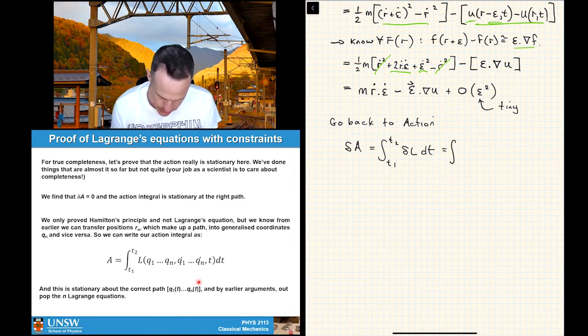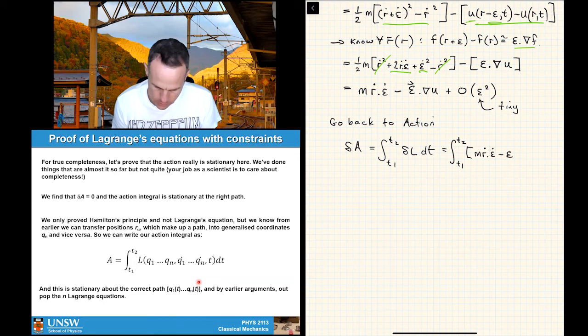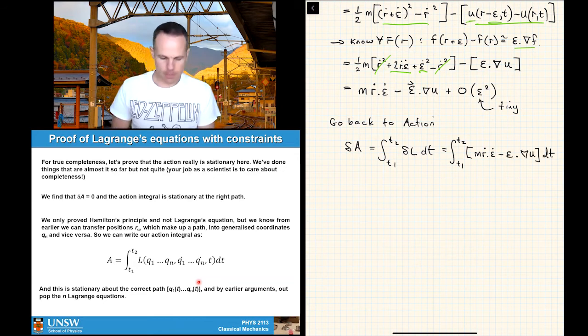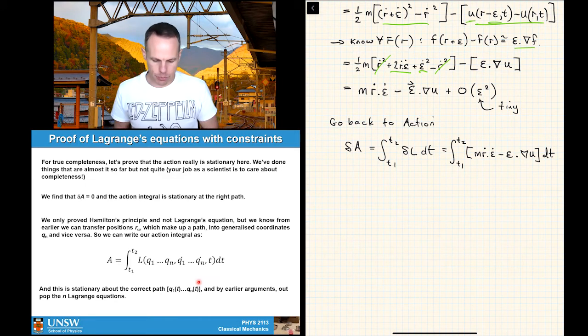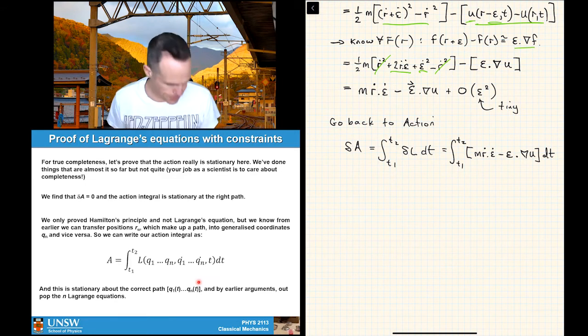This now is the integral between t1 and t2 of m r dot epsilon dot minus epsilon dot grad u, dt. All we're doing is pulling back up our expression for delta L.